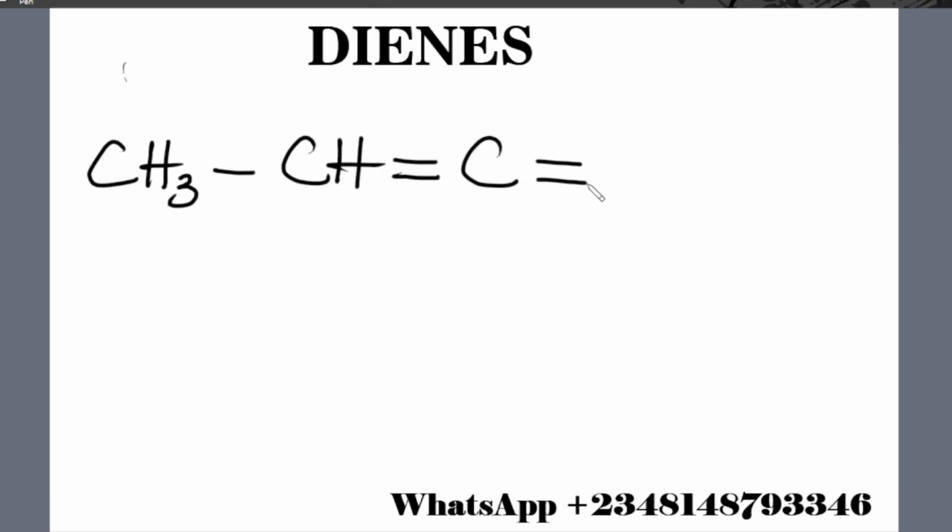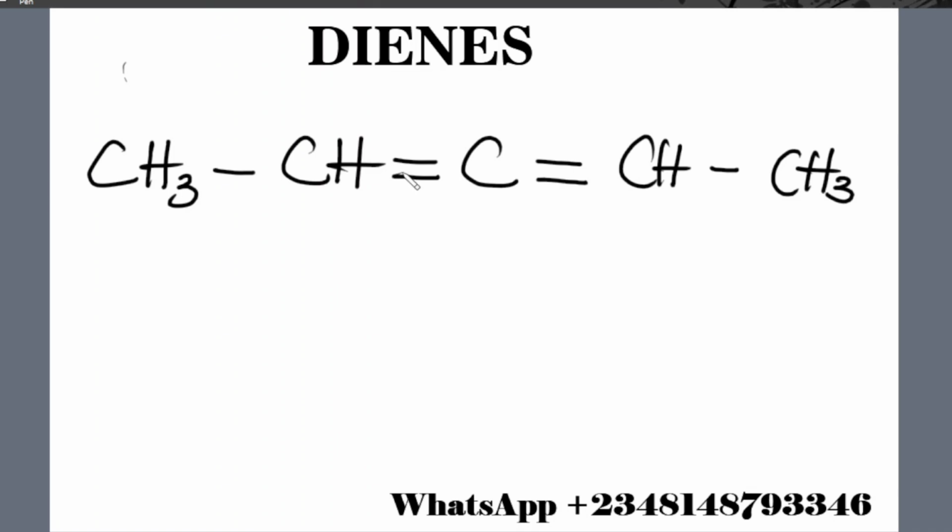Now let's take another example under cumulative diene. We have CH3, single bond, CH, double bond, C, double bond, CH, single bond, CH3. We have a double bond here, and another double bond following it, so there is no single bond between these double bonds.